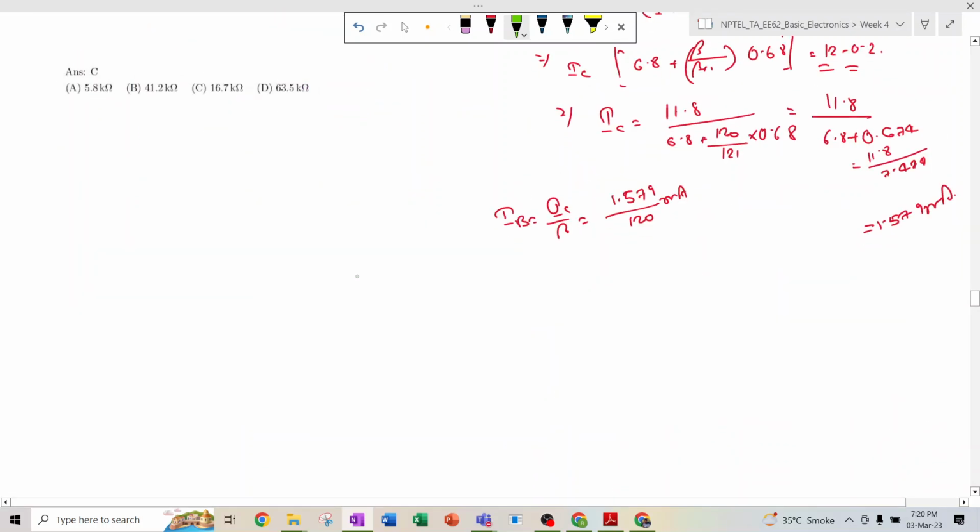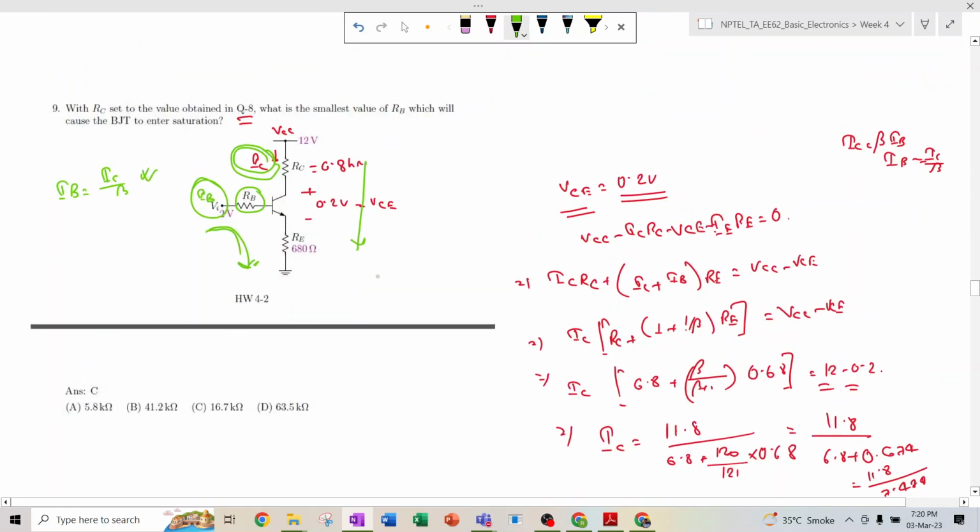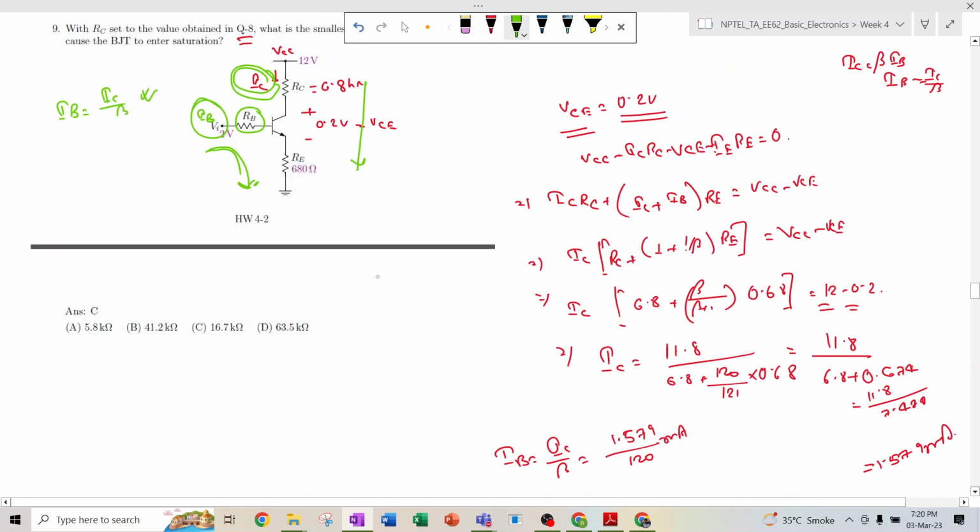So what happens is, if we apply this, now for the input side: 2 minus IB RB minus VBE minus IE into RE is equal to 0.